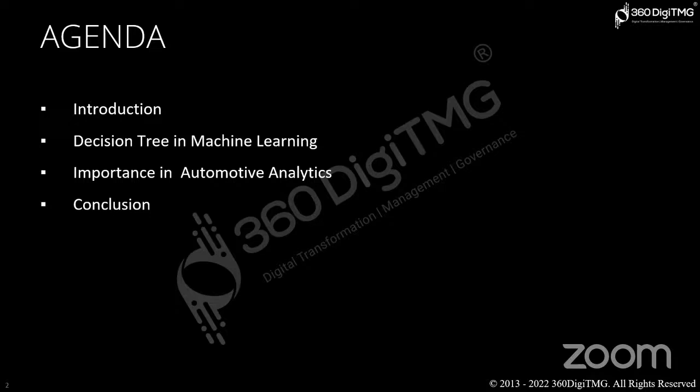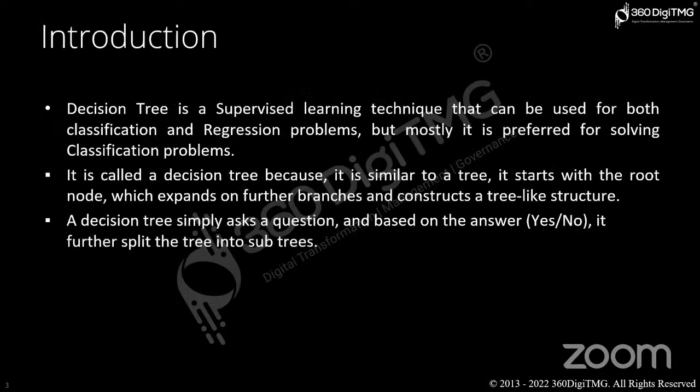After this, we will take one use case and discuss it. So what is a decision tree? To understand a decision tree, I can take one simple example. Suppose you have one offer, and you need to decide whether to accept that offer or not.